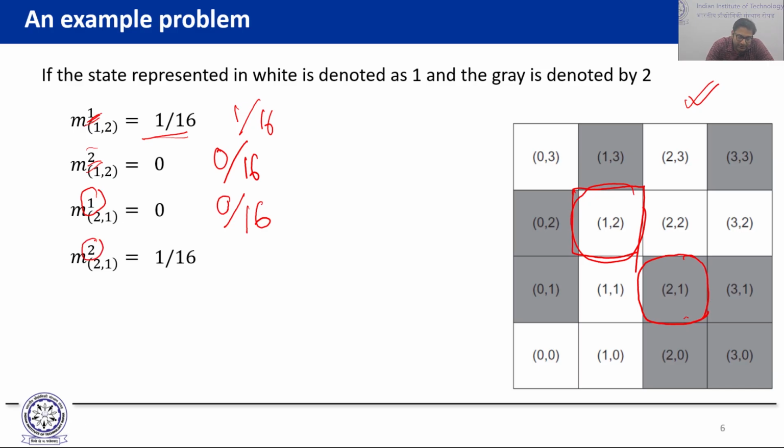However, when we do the same thing for state 2, which is the gray state, the value is going to be 1 over 16.